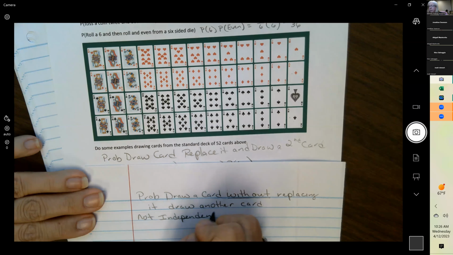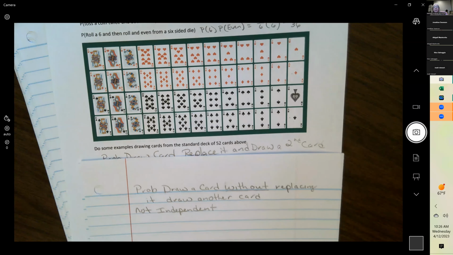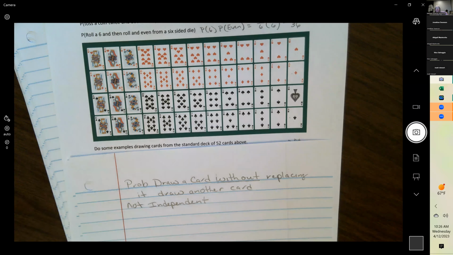They are not independent of each other, because now there's only 51 cards left in there. You can still, if you're careful, use the same probabilities. You just have to know what card was pulled out and then make sure you don't use it when you're finding the second probability.